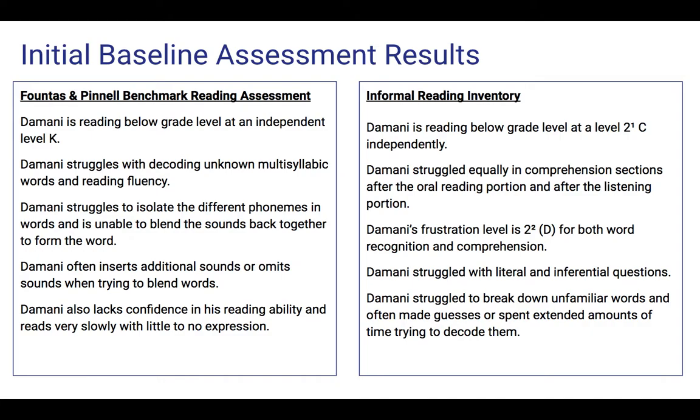And this informal reading inventory shared similar results to the Fountas and Pinnell assessment. He struggled to break down unfamiliar words, spent a lot of time decoding, struggled with fluency, comprehension, and overall a low confidence in his reading ability.